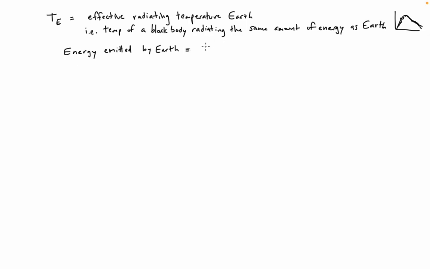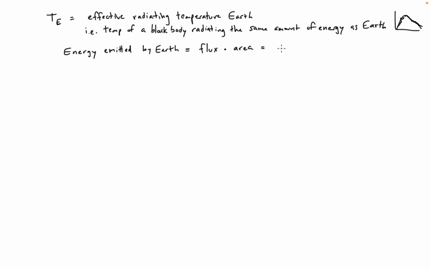This is the energy coming out, and it's in the infrared spectrum. So the energy is going to be the energy flux, which is some amount of energy per meter squared, times an area. So the meters squared will cancel out, and we'll just have total energy.